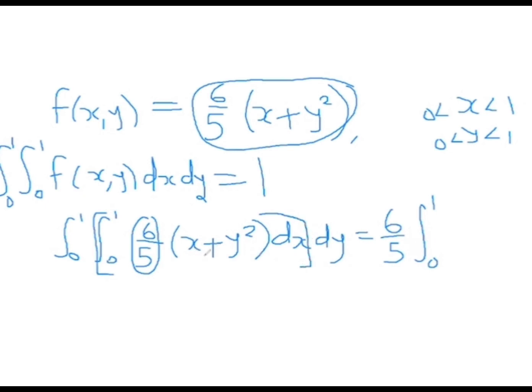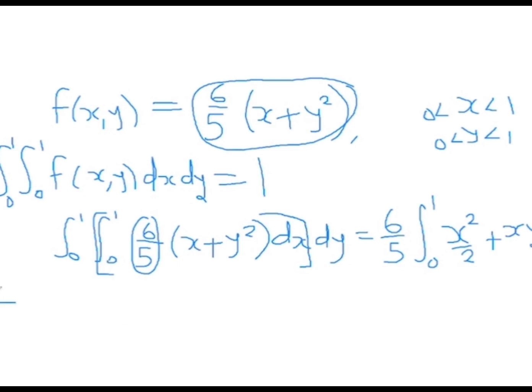When I integrate with respect to x, I'm going to have x squared divided by 2, and y squared is a constant now because I'm integrating with respect to x, so I'll have x y squared. Then I'm going to plug in 0 to 1.